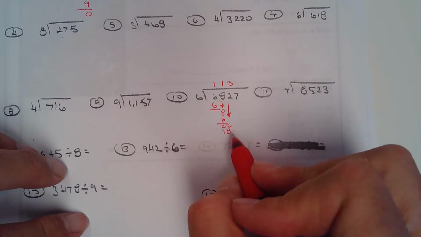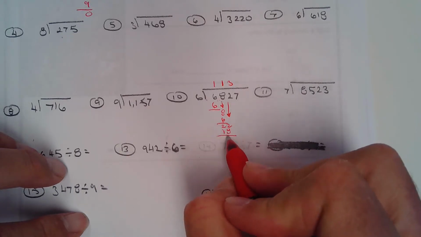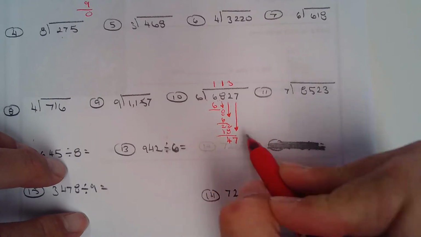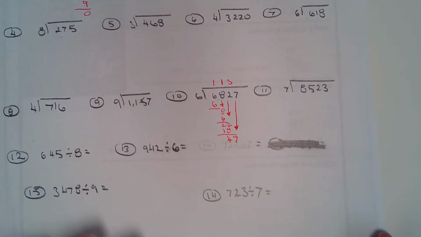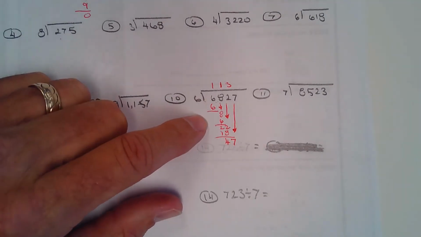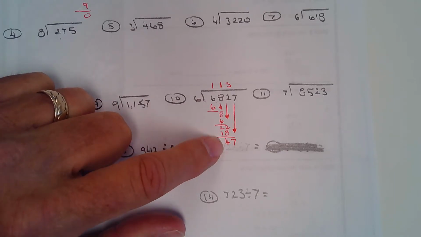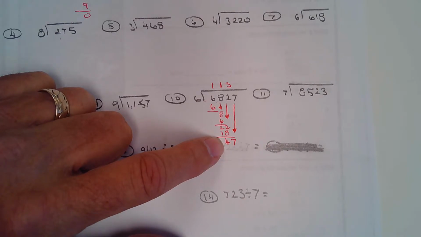So 18 from 22, what's left over? 4. Now what? Bring down the 7. 6 goes into 47, how many times? Well, we've been working on the times tables here. 6 times 6 is 36. 6 times 7 is 42. 6 times 8 is 48.